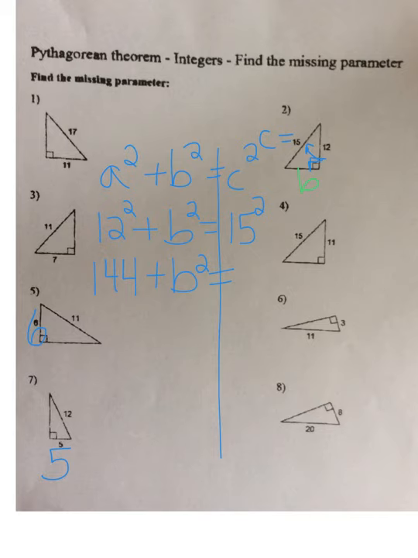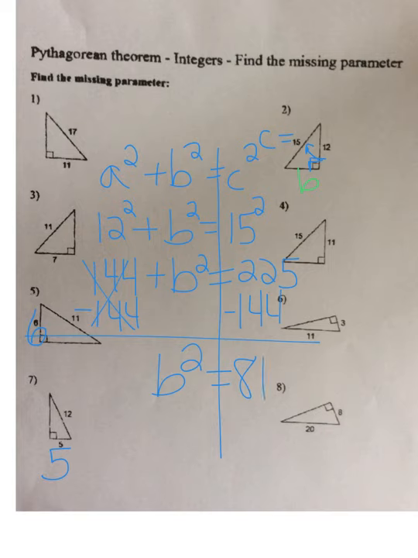We want to find that side length. And 15 times 15 is 225. And so to get the b all by itself, we need to subtract 144 from both sides. That's the inverse of a positive, would be to take away. And we're going to have b squared equals 81.